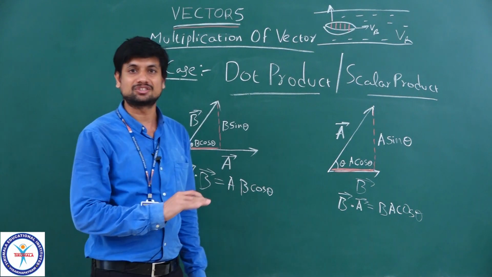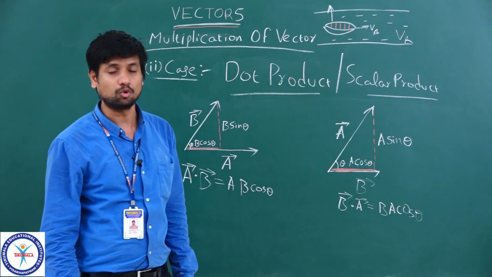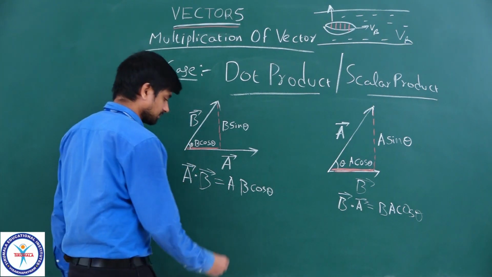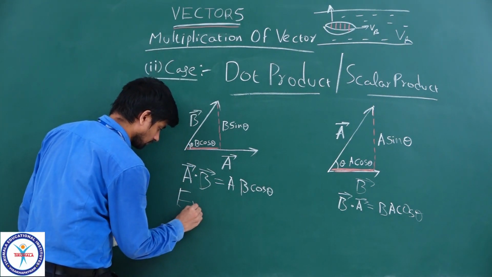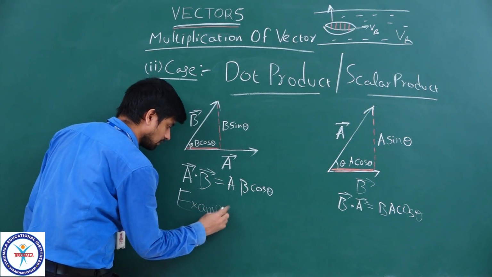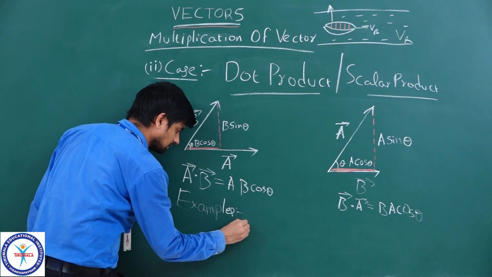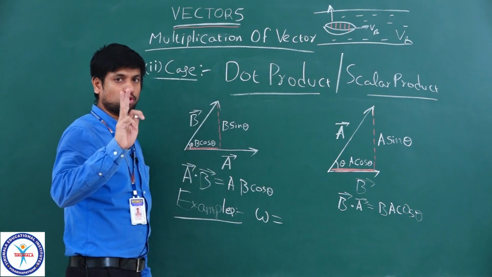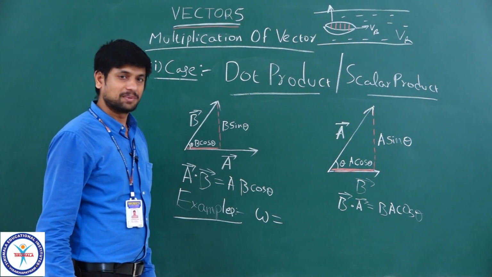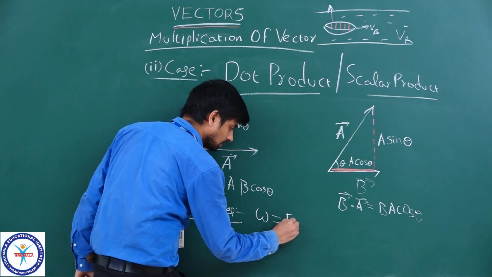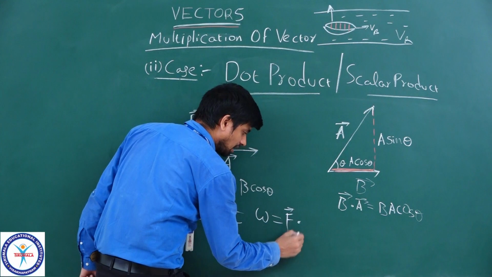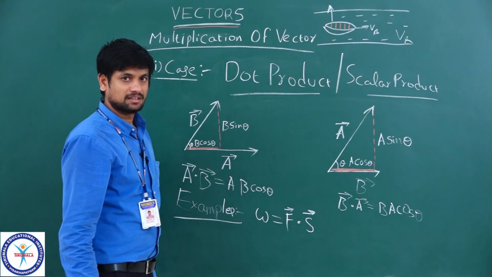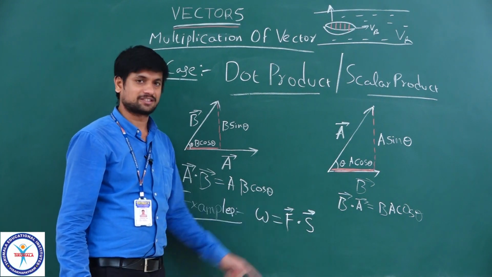Here we do not assume any direction. We do not require the direction. The example is work done, where two vectors are being multiplied: force dot displacement.